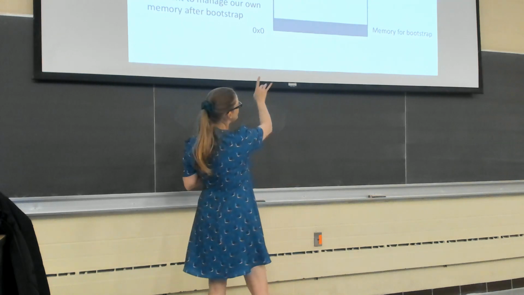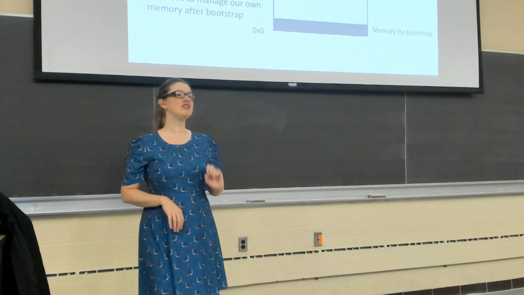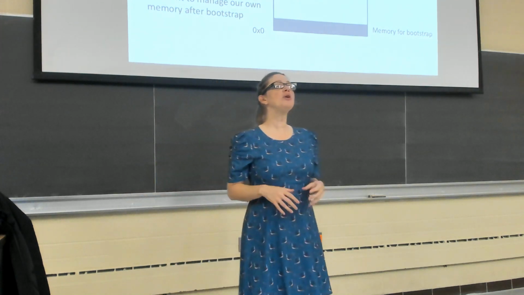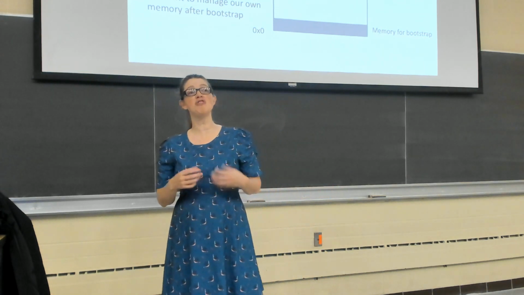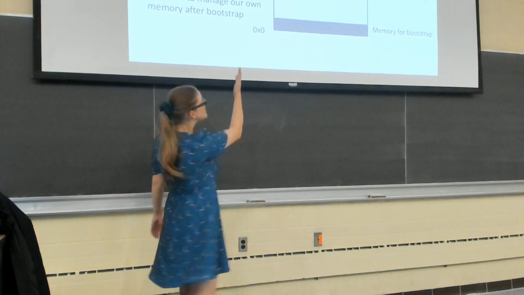We do that for the bootstrap process. It starts at address 0. Don't change that. That needs to stay that way. What we want is for after that bootstrapping process, after that memory has been stolen, you to manage what's left.